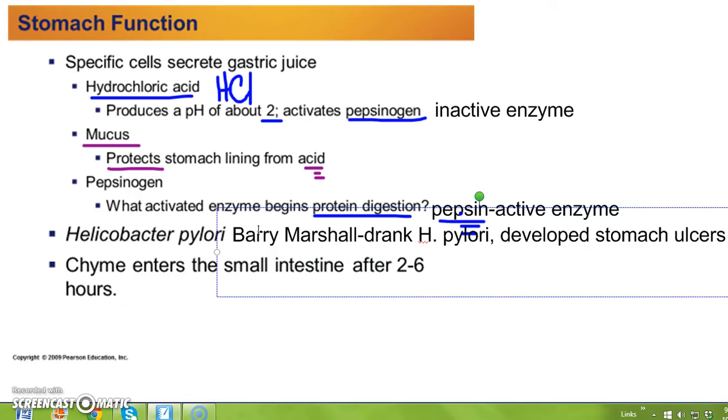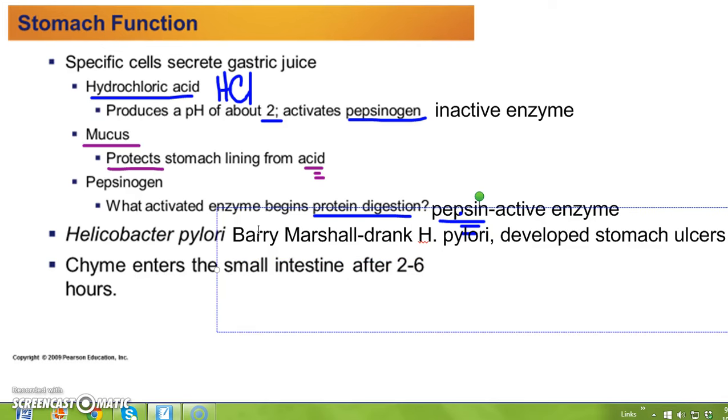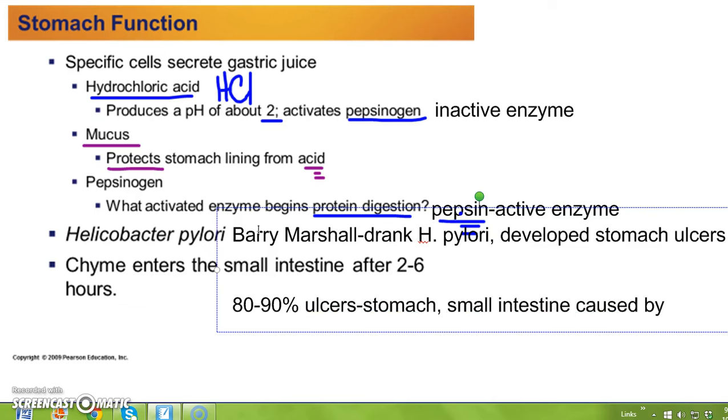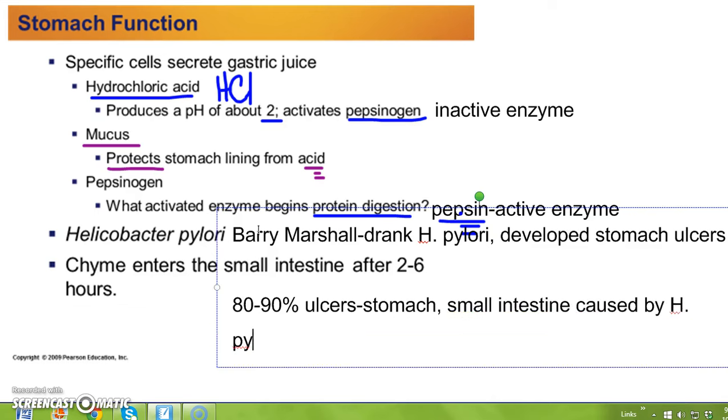We've actually found that anywhere from 80 to 90% of ulcers, either in the stomach or the first part of the small intestine, are caused by this bacterium, H. pylori. So if you've had an ulcer, it could be that you took an antibiotic and hopefully you have a cure.